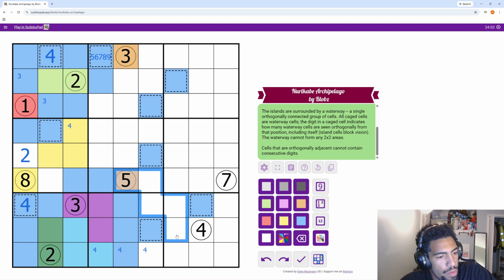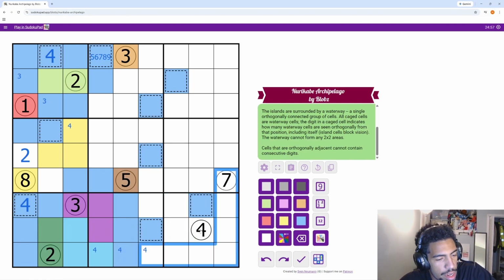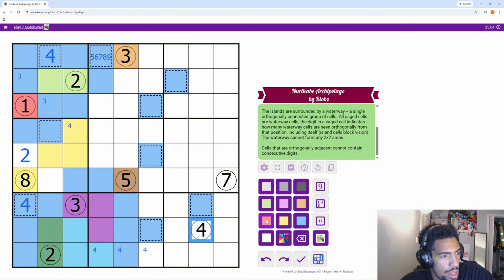So I can't use the 5 to get there, and I can't use the 7 to get there because it's touching the 4, no matter what way I try to go. So the 4, I'll make it red again, has to include this digit as well. And now it's either this or it's that.